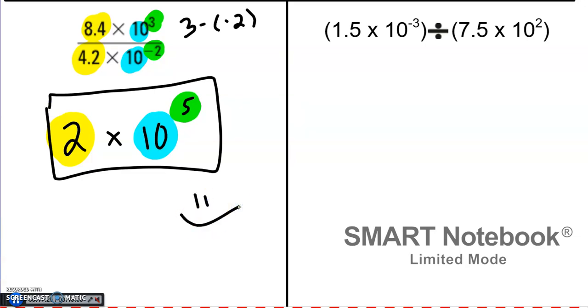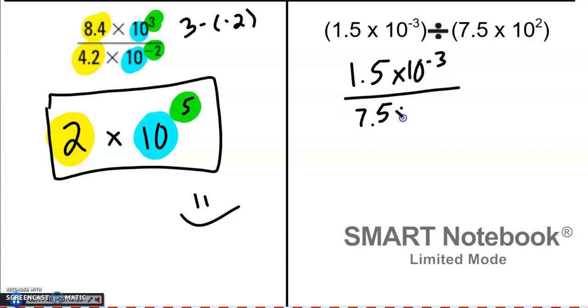We have 1.5 times 10 to the negative 3rd divided by 7.5 times 10 to the 2nd. Now, this isn't written as a fraction, and we typically want to write scientific notation of division as a fraction. So let's rewrite this. We're going to have 1.5 times 10 to the negative 3rd over 7.5 times 10 to the 2nd.